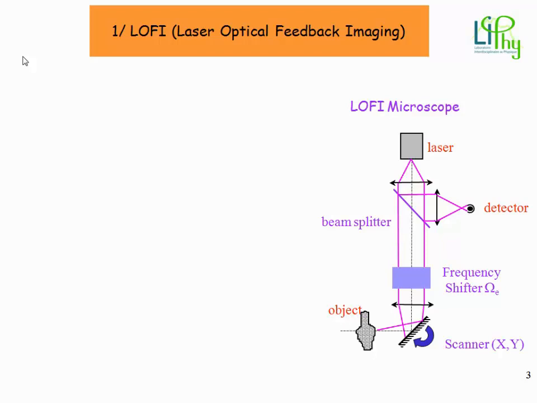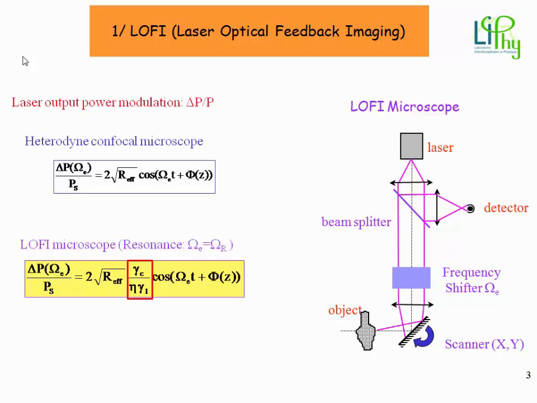At resonance, when the frequency shift is equal to the relaxation frequency of the laser, the output power modulation of the laser is given by this equation, where we can see that the LOFI gain is given by this ratio. This is the ratio between the damping rate of the laser cavity and the damping rate of the upper level of the laser transition.